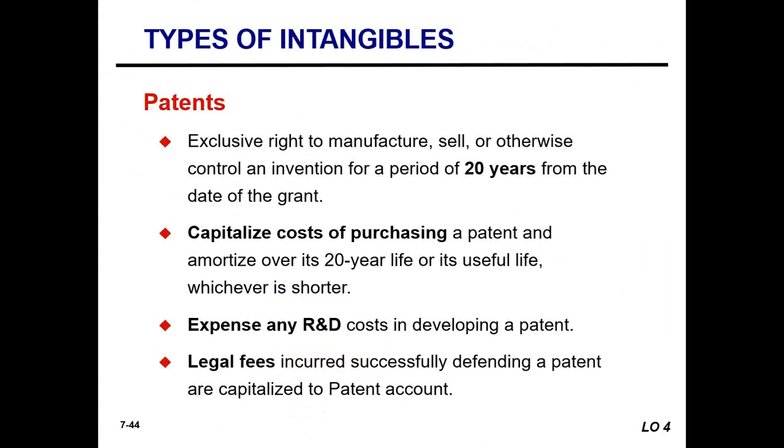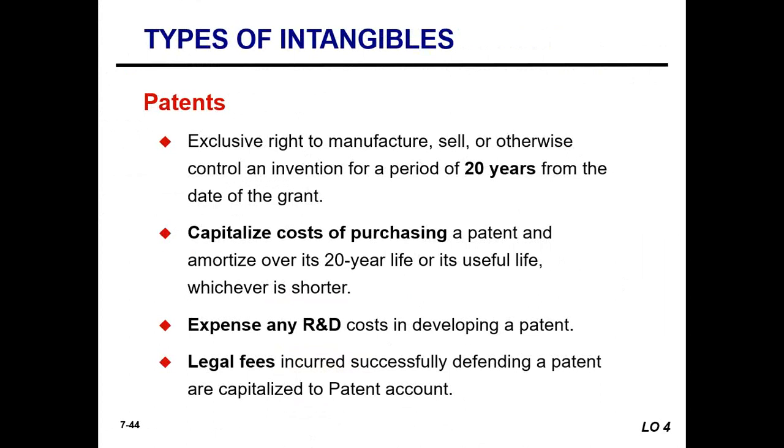Not everything that we get a patent for lasts 20 years. A computer chip may not even last 3 before something new and better comes out. So you have to determine either its useful life or if it will be good for the 20-year period. You expense any research and development cost.